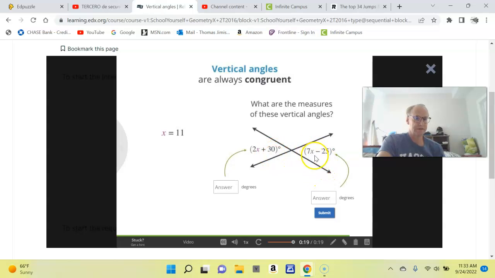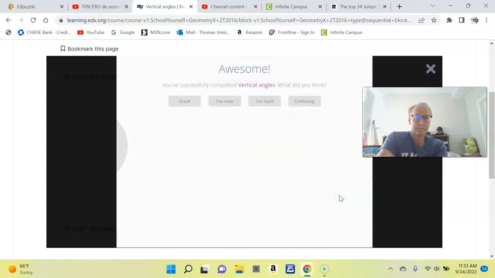This one is going to give us 77 minus 25, which is also 52, my favorite number. And they're both 52 degrees, of course. And we're done. That's it.